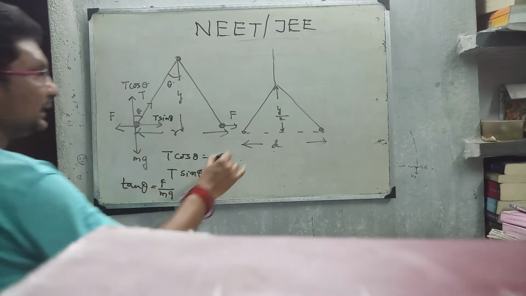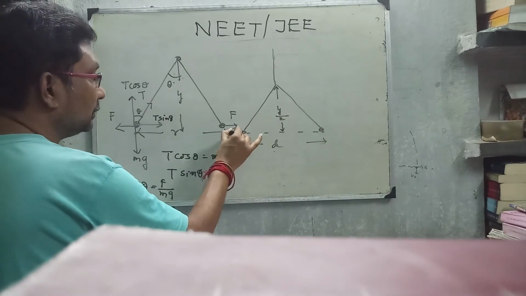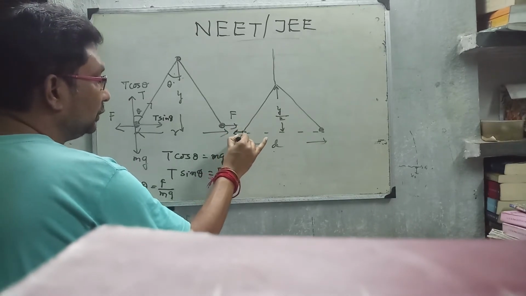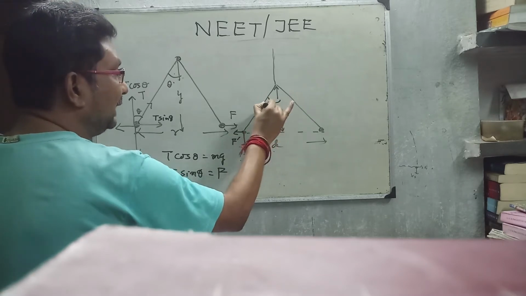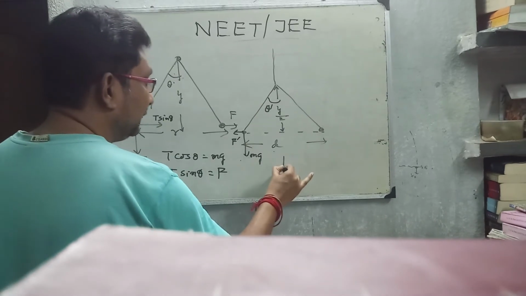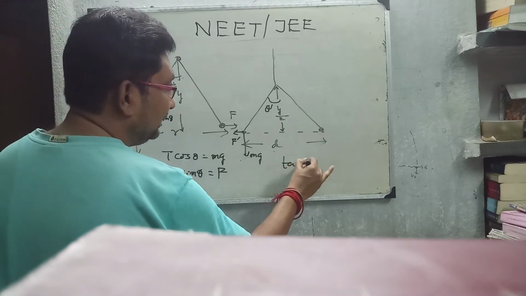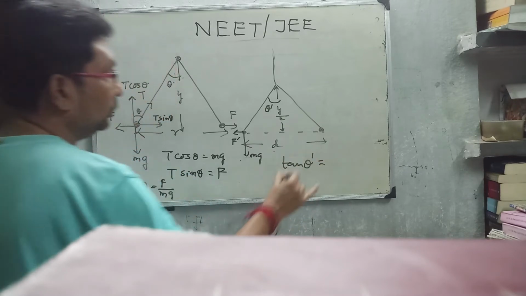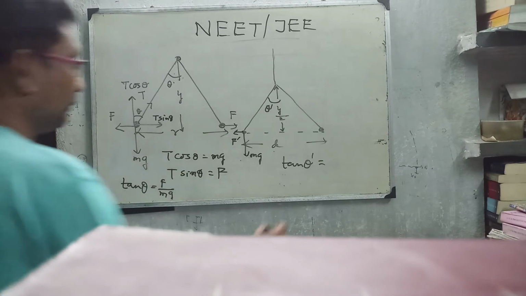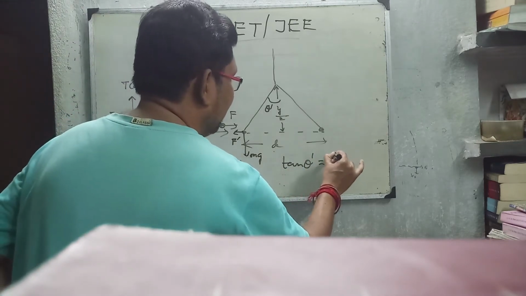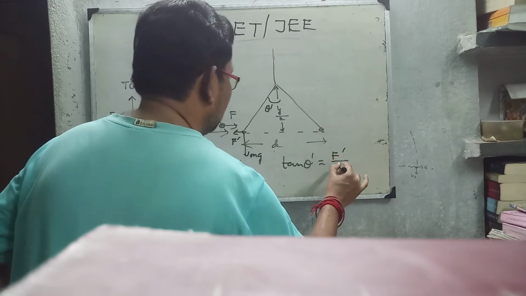In that case, if the force is F dash, the weight will be the same, mg, and if the angle is theta dash, then tan theta dash equals F dash by mg.